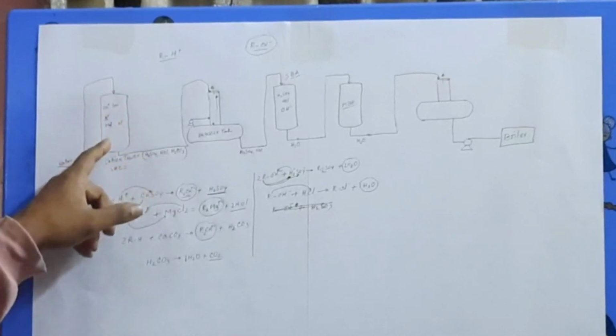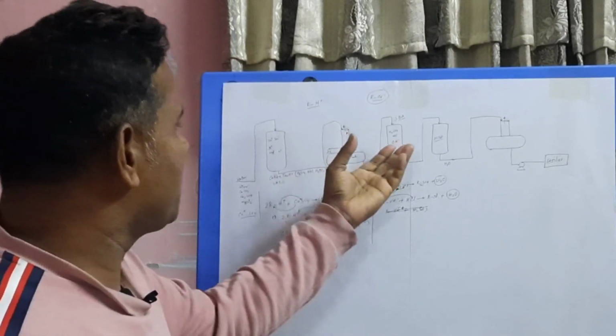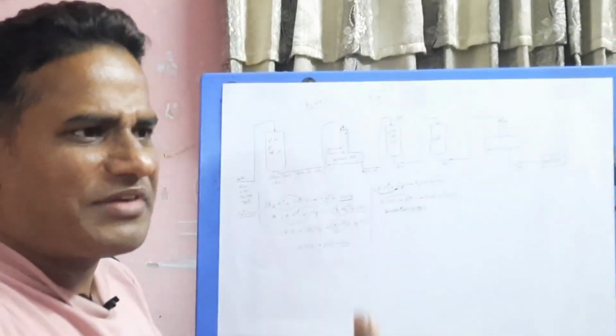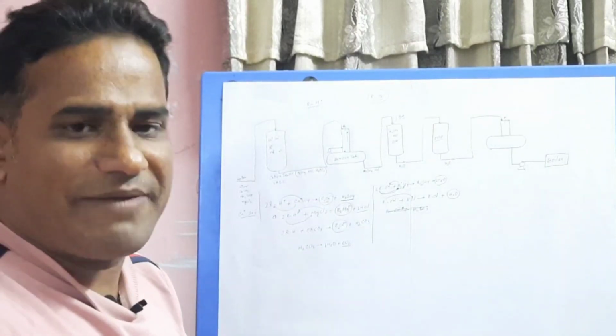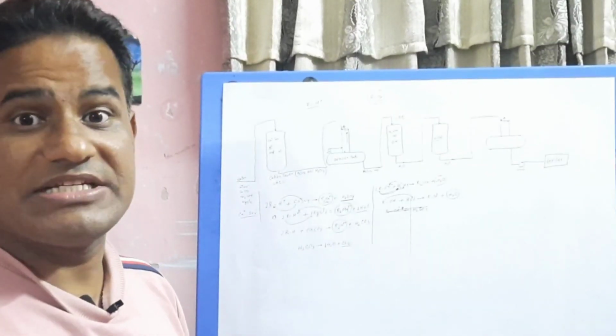With the water, the cation tower absorbs the cations or positive ions, and the anion tower absorbs the anions or negative ions. After continuous absorbing, at that time the resin will deactivate.